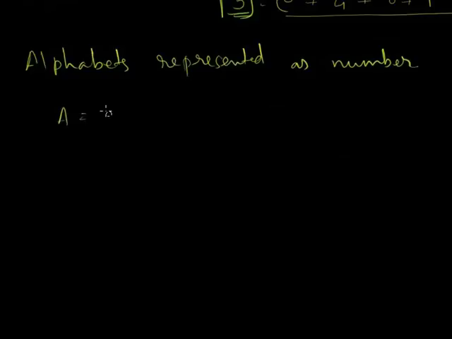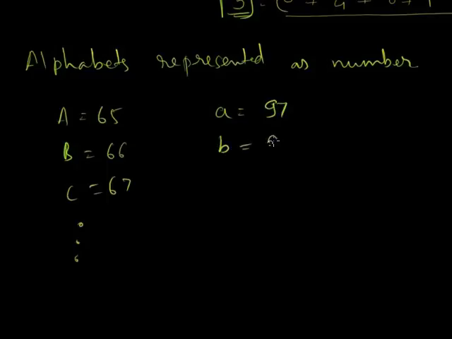A has 65, B has 66, C has 67, and on and on. Similarly, for small a we have 97, small b has 98, small c has 99, and so on. For capital and small letters we have different codes because we represent them as different objects. Small a is different than the capital A, right?